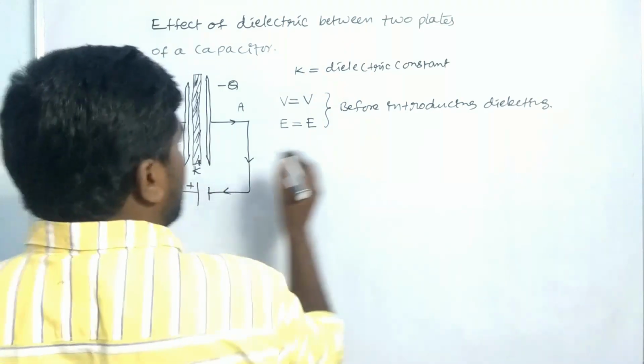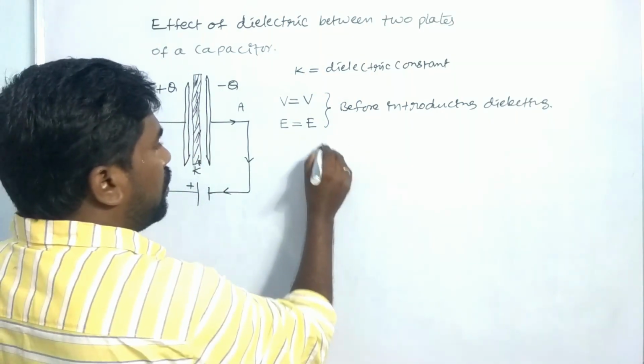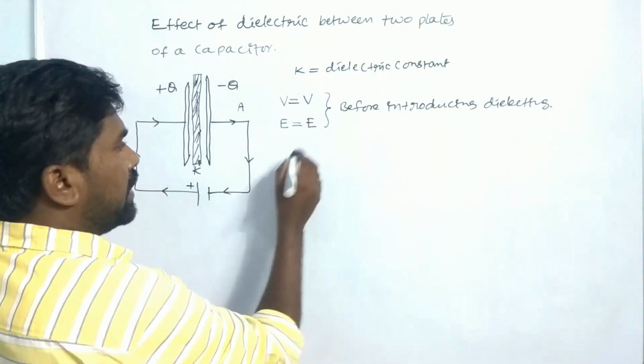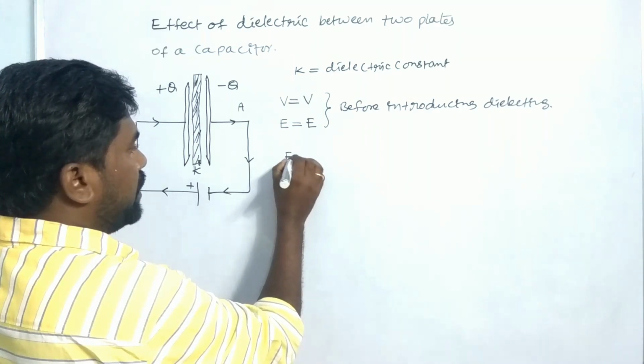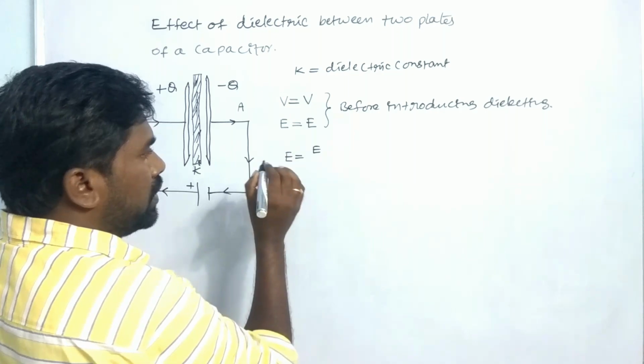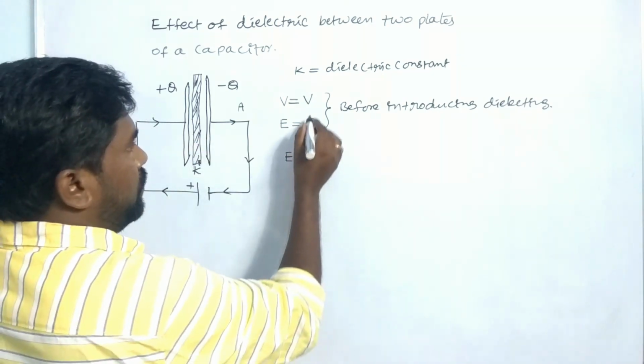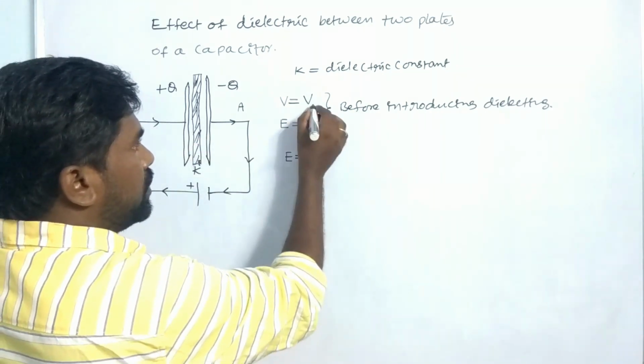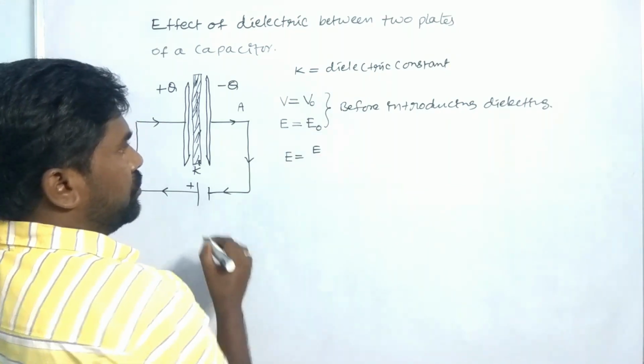So after introducing the dielectric, the intensity of electric field decreases by how much? For example, before it is V0 and E0.